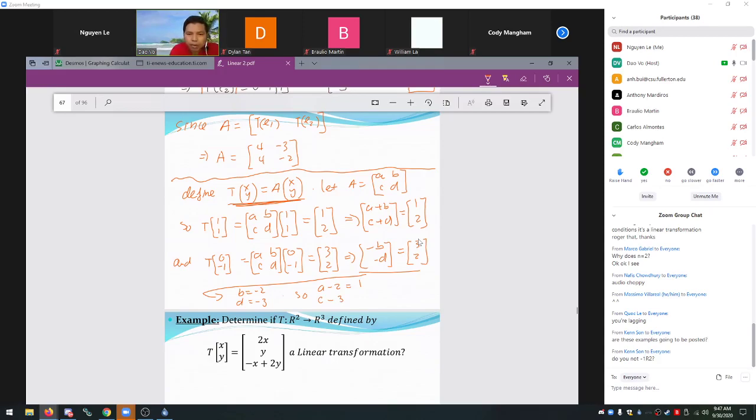I think I flipped it. So a - 3 equal to 1, and c - 2 equal to 2. Therefore a will be 4, and c will be 4, and you can conclude that my matrix A will be [4, -3; 4, -2].